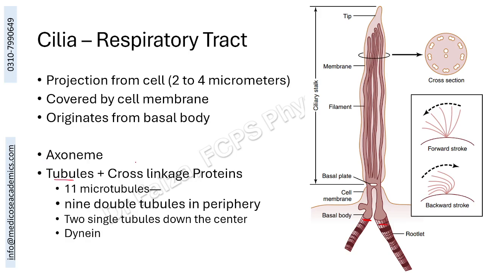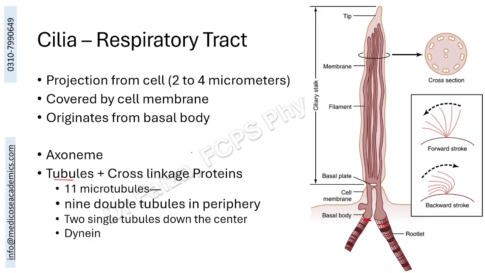How many microtubules? It has a set of 11 microtubules, in which 9 are doublets on the periphery and 2 are single tubules in the center, and the associated protein with it is dynein.